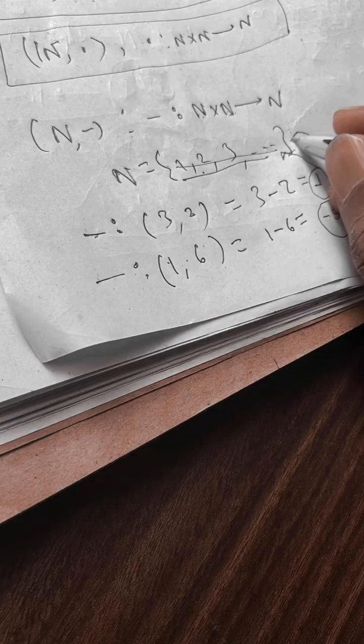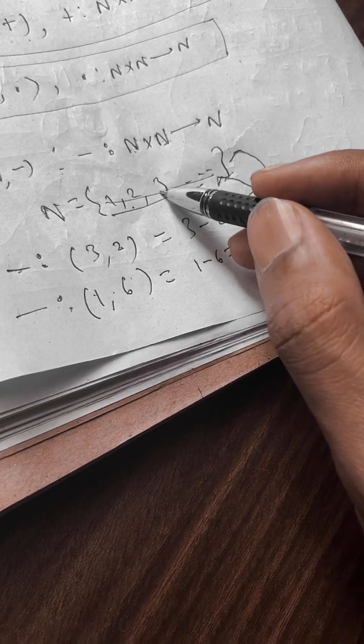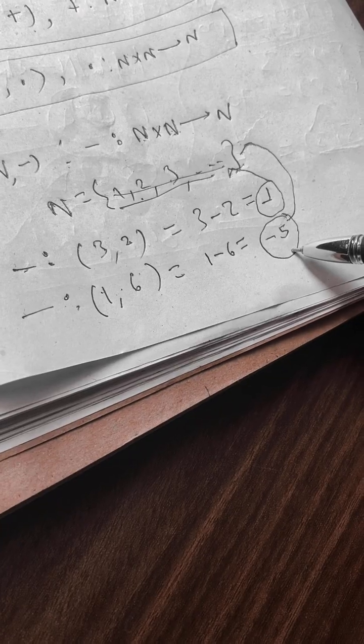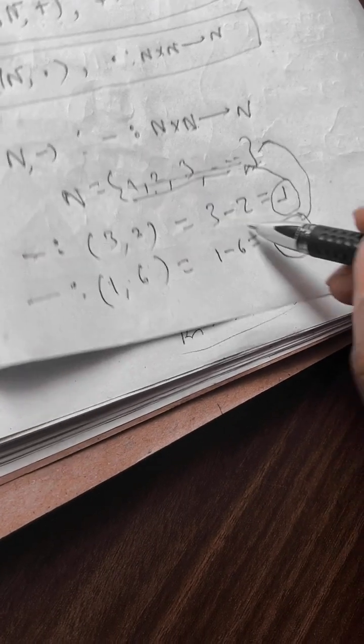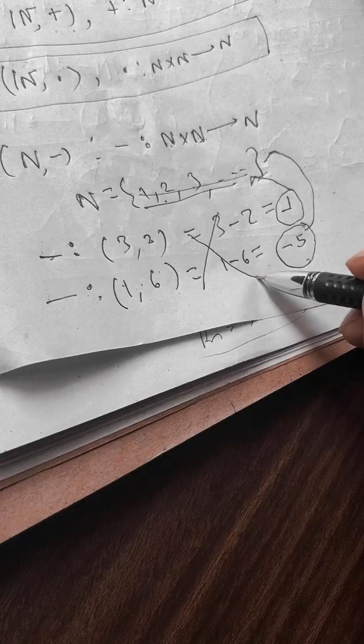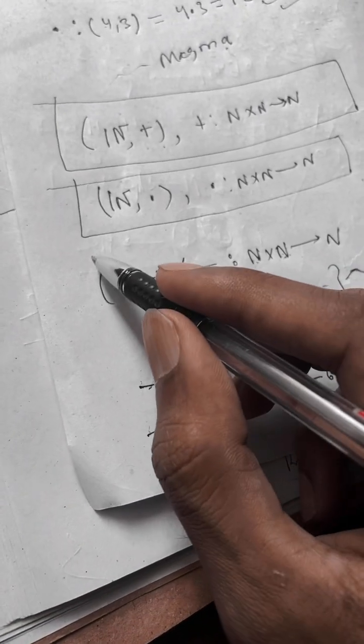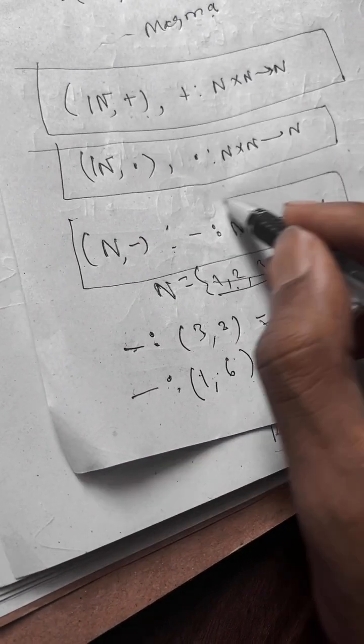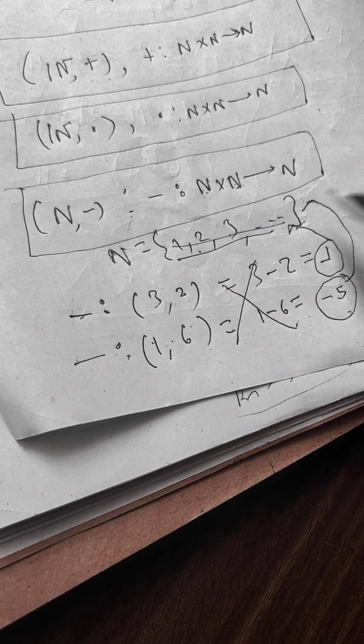Now we ask, does minus 5 belong to this set? Well, no, because it is a set of natural numbers. This is an integer. It does not belong. So it does not satisfy the closure property. So this is not a magma. It is not a magma.